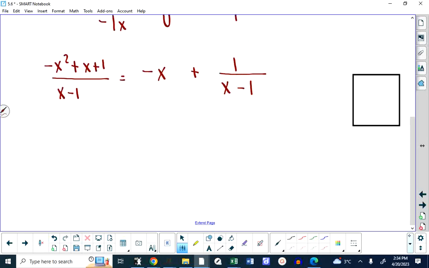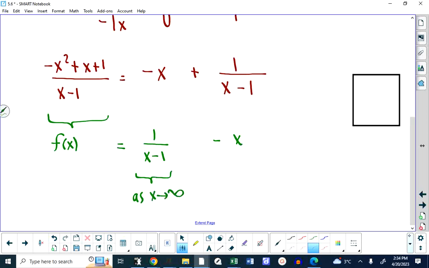But this thing right here, this is f of x. So f of x is equal to 1 over x minus 1 minus x. And I've just written it that way, everybody, because we typically have this part which approaches 0, written first.